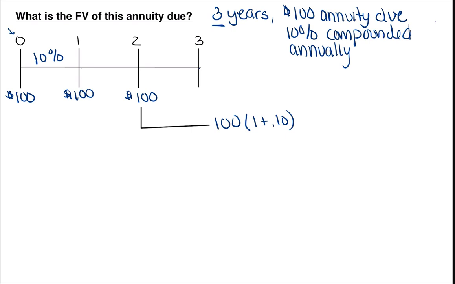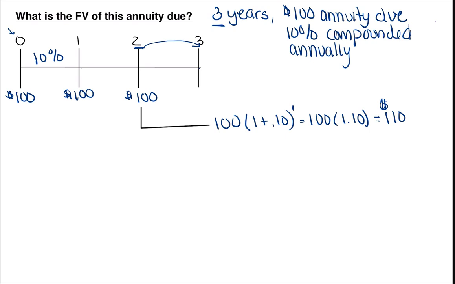Since we are here at the second time period, we're going to go forward 1. So it's being compounded once. So then I have 100 times 1.10, and when I do that, I get 110.